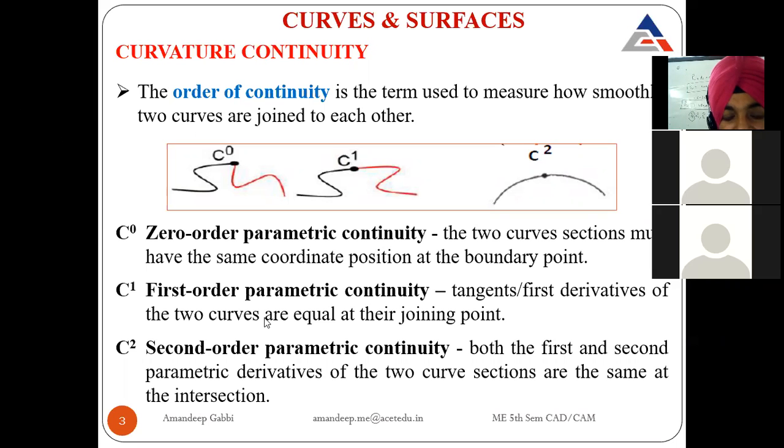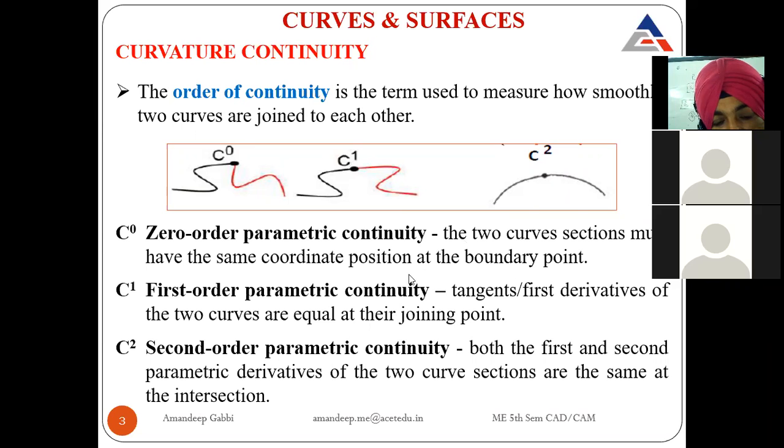C1, first order parametric continuity. The tangent and first derivative of the two curves are equal at the joining point. The red curve is different, the black curve is different, but the tangents of the first and second are in line with each other. Then we call it first order parametric continuity.